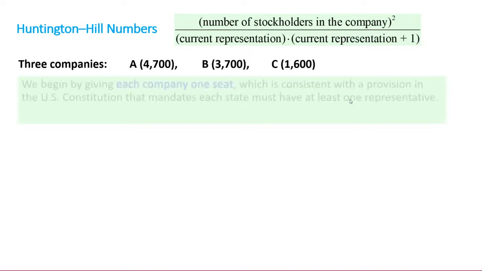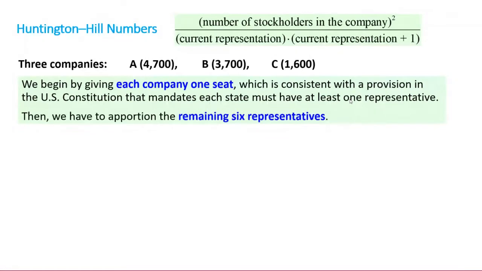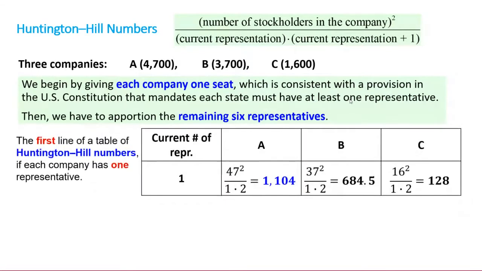We first assign one seat to each company, and then we calculate the Huntington Hill numbers for every next representative. So first we assign one representative to each of A, B, and C. So the current or the present number of representatives is 1 for everybody.